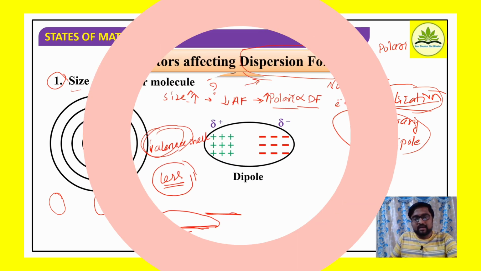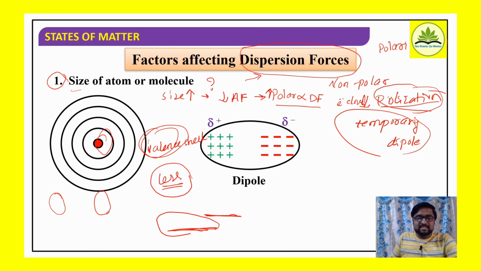We can correlate with an analogy, say A and B. A and B are two molecules. Say the size of A is 120 picometer, considering the radius, and that of B is 140 picometer.